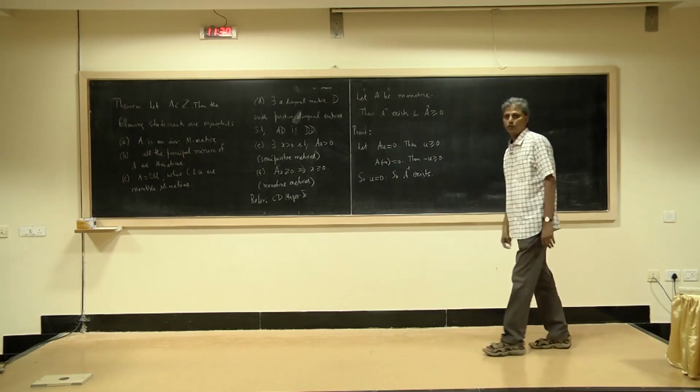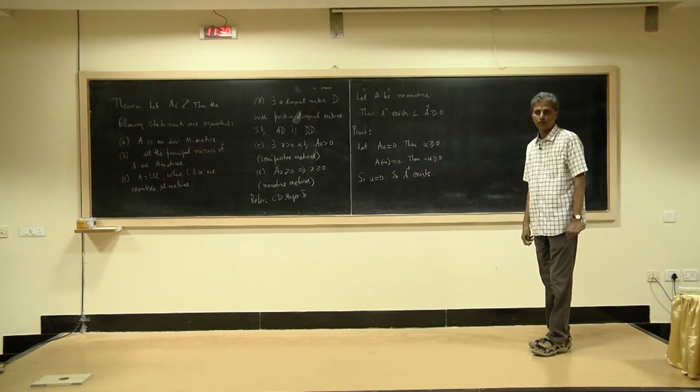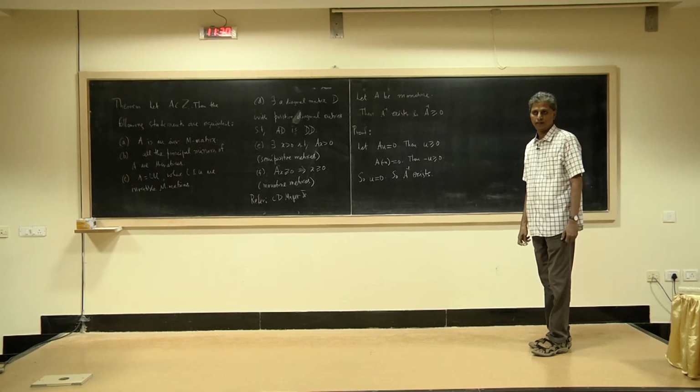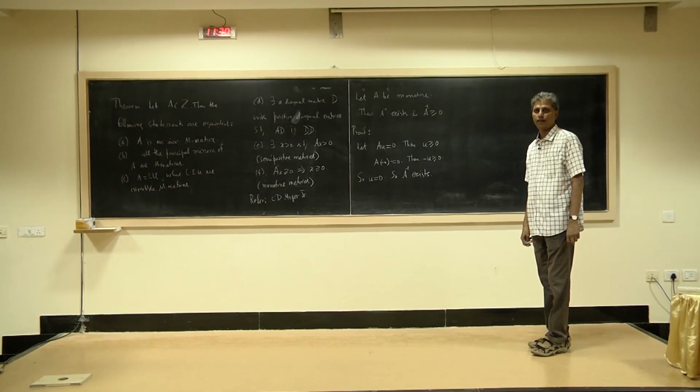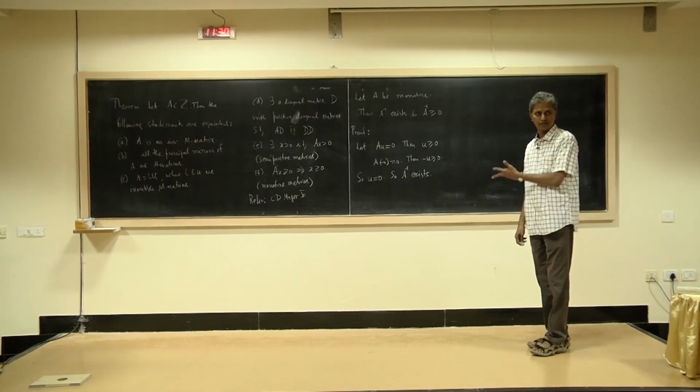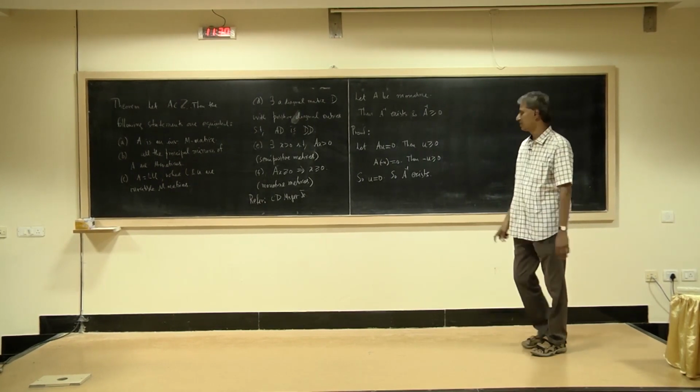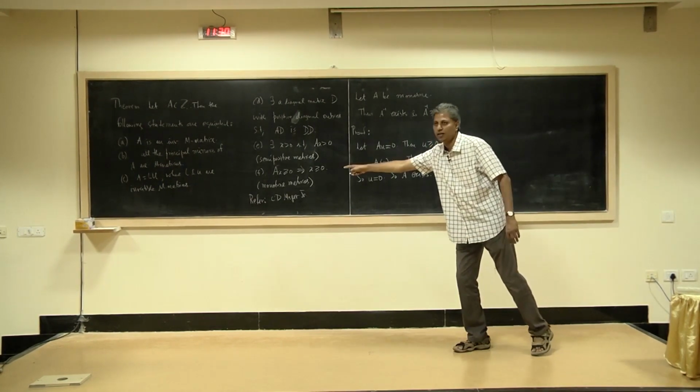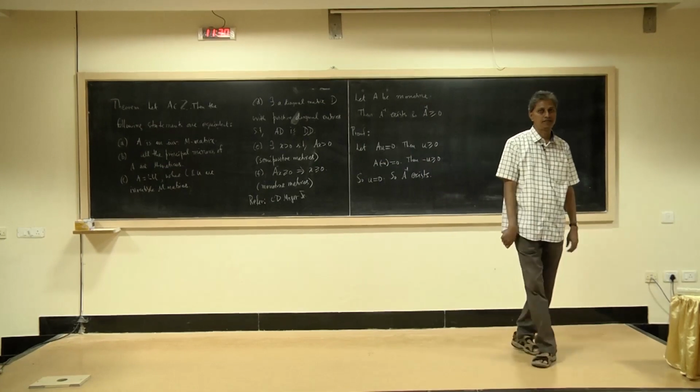You must show that A inverse is non-negative. How do you show that? You don't know what A inverse is, right? You don't know how it looks. It satisfies that implication and that A inverse exists. So how do you show A inverse is non-negative?